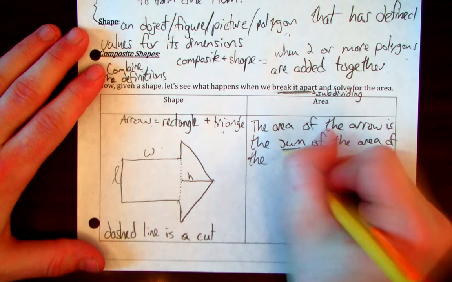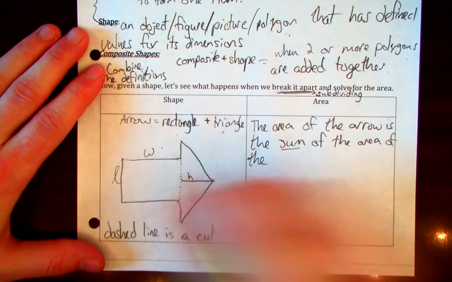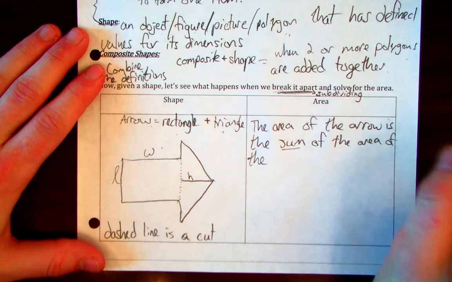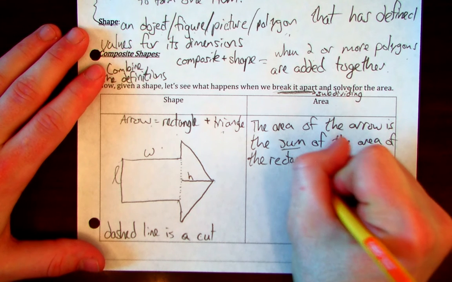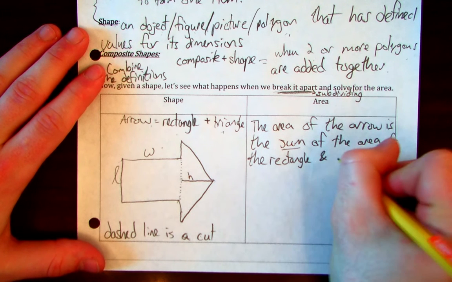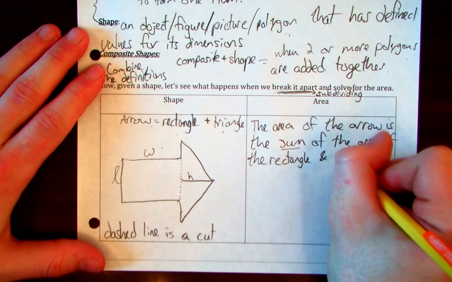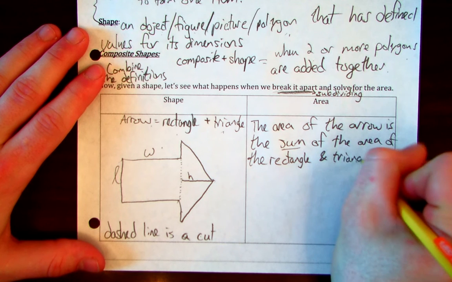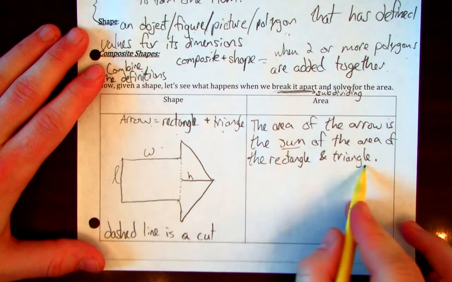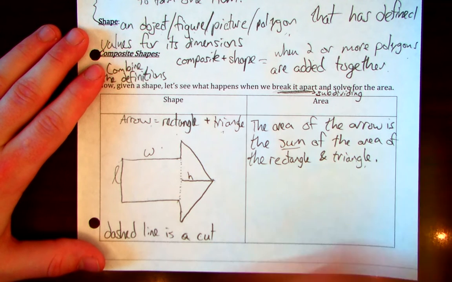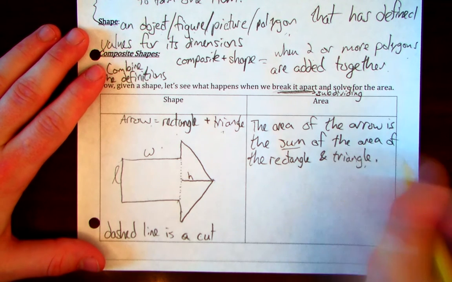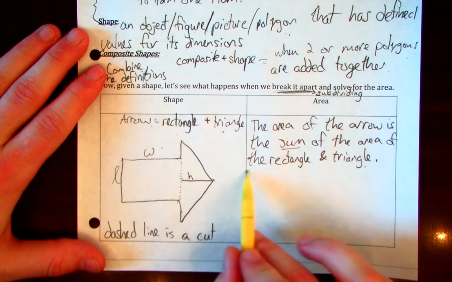Again, we use the word sum when we're adding, and so it's the area of the rectangle plus the triangle. So again, all you have to do is separate those two, use the formulas that you have, and then add those two together. So again, using that formula sheet, we can kind of figure out what we need.